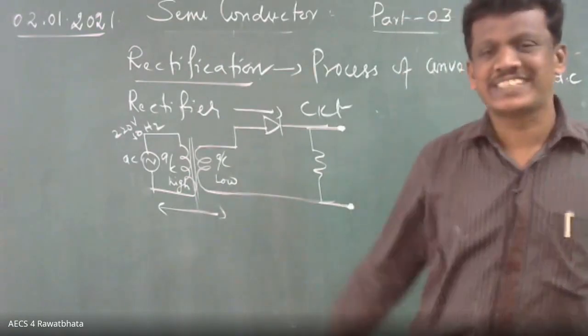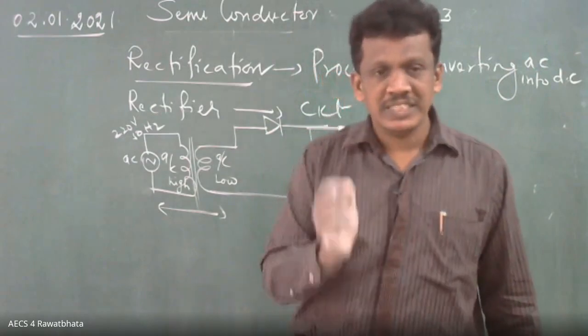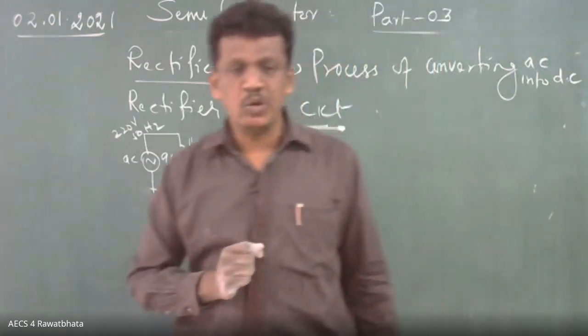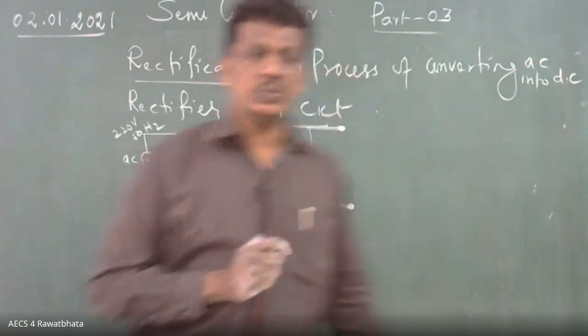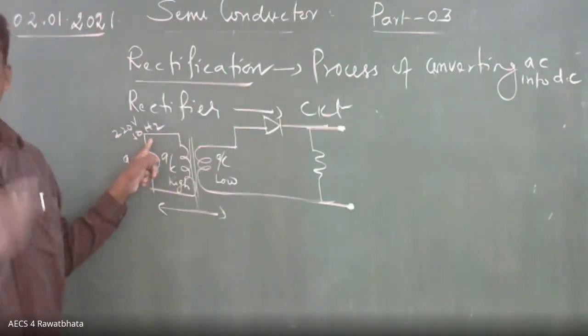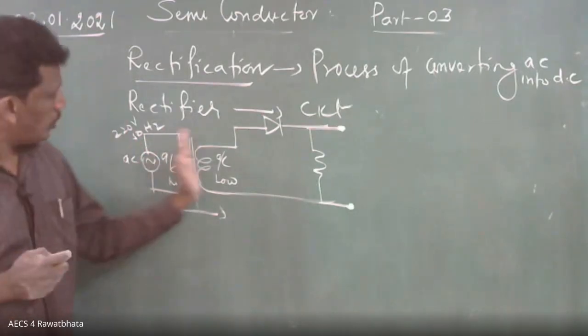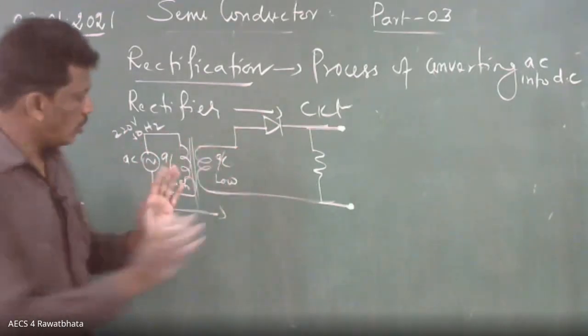Exactly, the RMS value. The effective value is RMS, root mean square value. 50 hertz is the frequency, how the cycle changes.